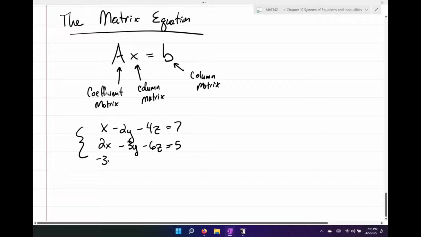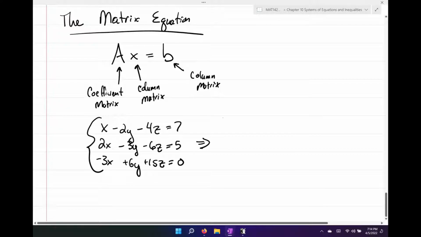And negative 3x plus 6y plus 15z equals 0. Okay? So we could take this system and we can create a matrix equation out of this.